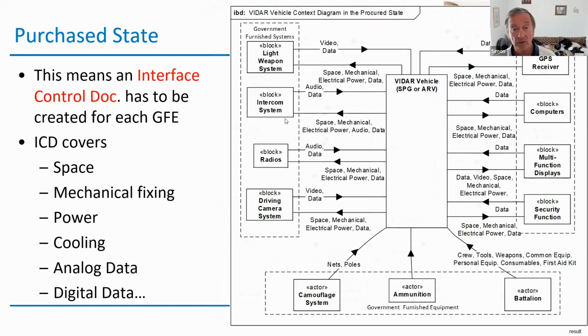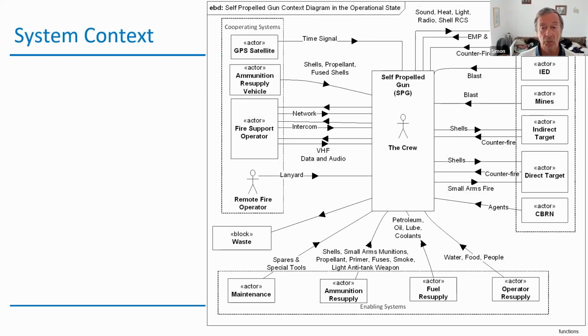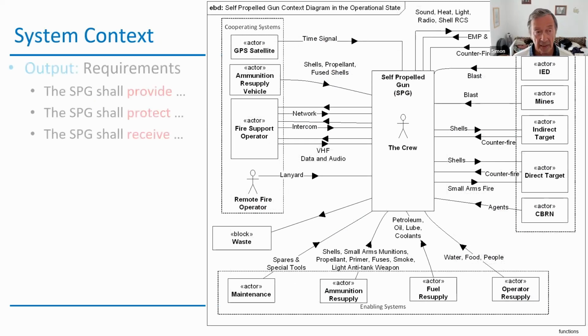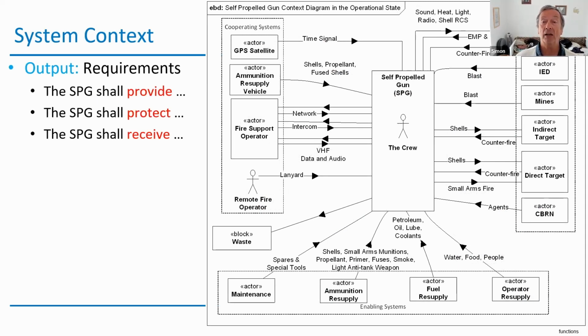So what was the result? The result was that we have a full system context. We can start writing requirements like: the SPG shall provide these outputs, the SPG shall protect from these threats, the SPG shall receive these inputs as well. So these diagrams are used to direct the expression of the requirements.